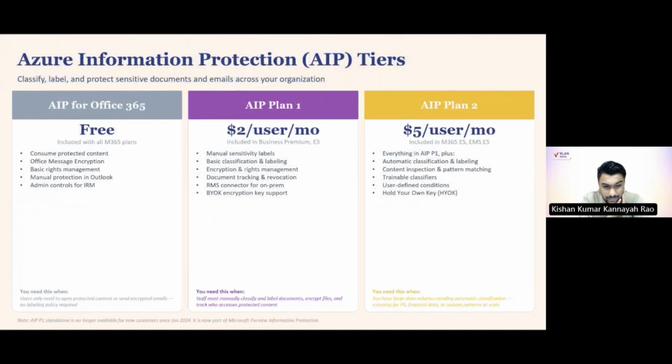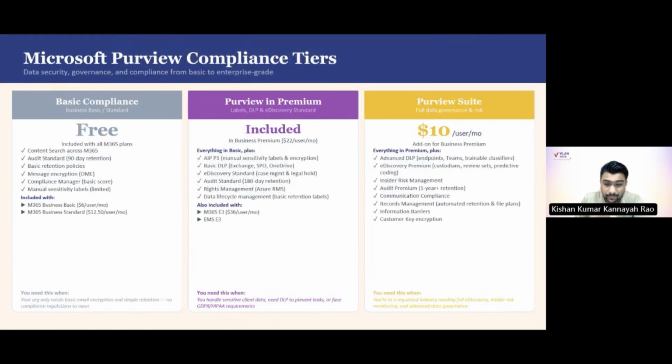So now again, we go to Azure Information Protection. Like I mentioned for the previous one, which is the compliance tier, this is more of a basic understanding. The basic one has the common things, nothing much there.